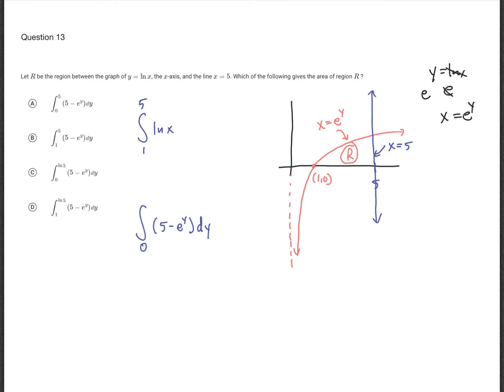So we'll do e to the y equals 5. Take ln of both sides. Ln of e to the y equals ln of 5. And ln and e cancel in this case. So y equals ln 5, that's our upper limit. Okay, so hopefully that's an answer choice.